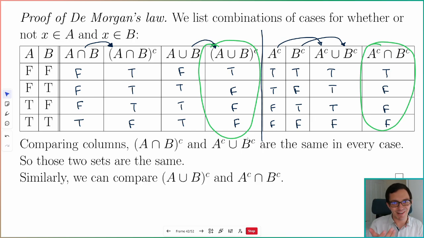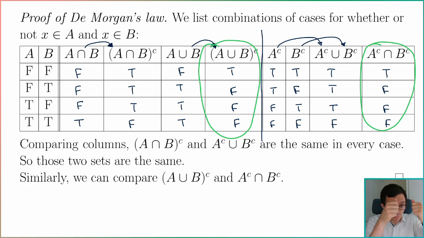So I've done a lot of talking there, but hopefully you can see how you build this cumulatively, to start with a comprehensive list of all of the cases, and then to try and build more complicated things out of those, so that you can say at the end that I've looked at all of the cases down the left for A and B, and in all the cases these two sets agree.